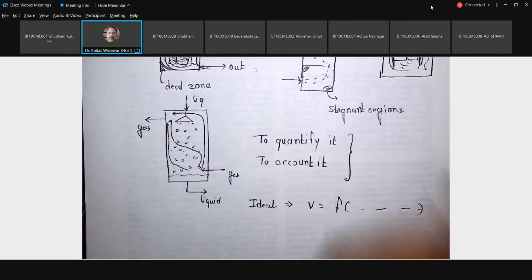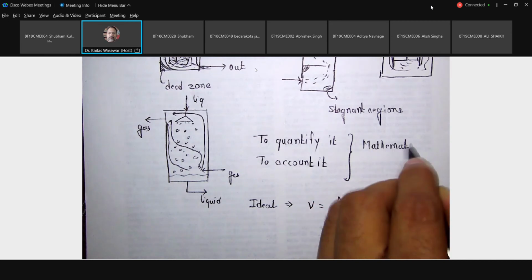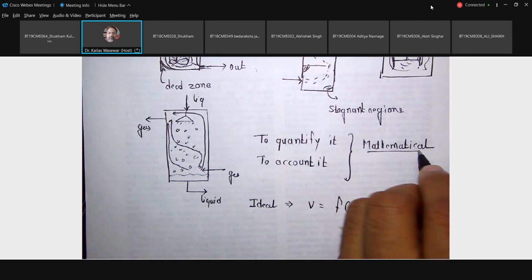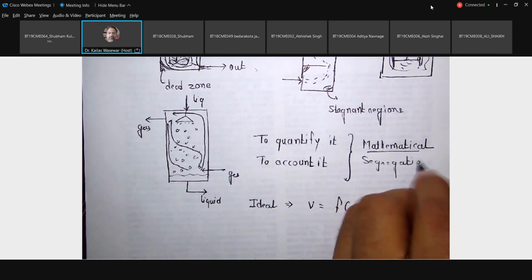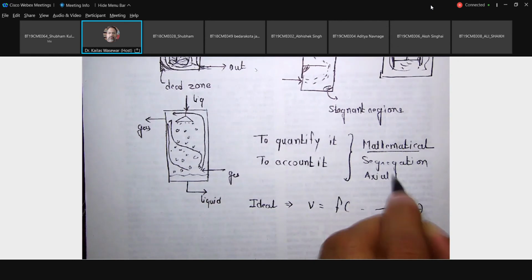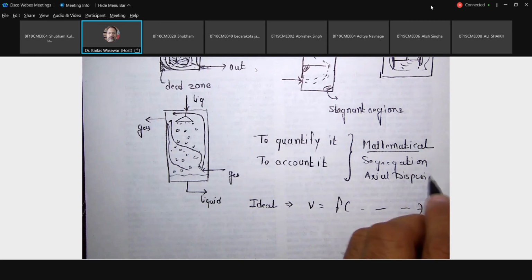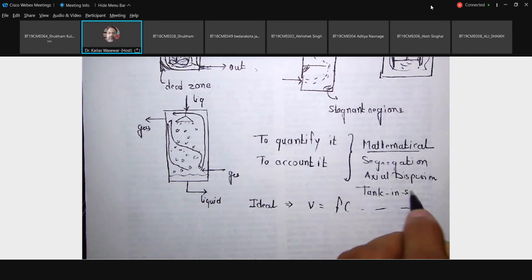So that's why there are some mathematical models: one is the segregation model, another is the axial dispersion model, and one is the tanks-in-series model. Other models are also available, but in this particular course, we are going for the segregation model, axial dispersion model, and tanks-in-series model.